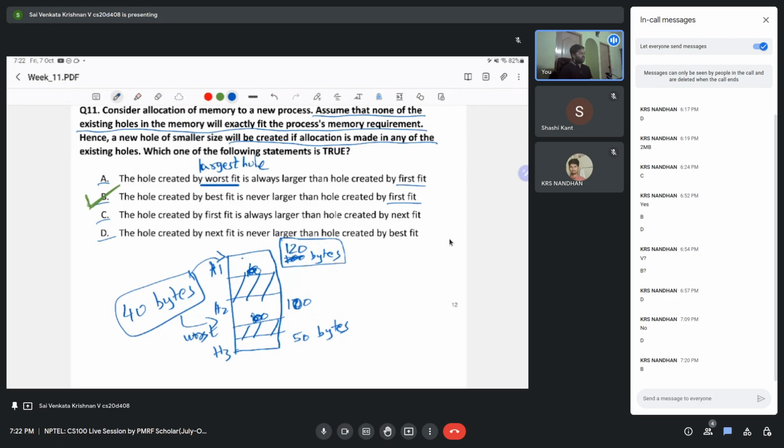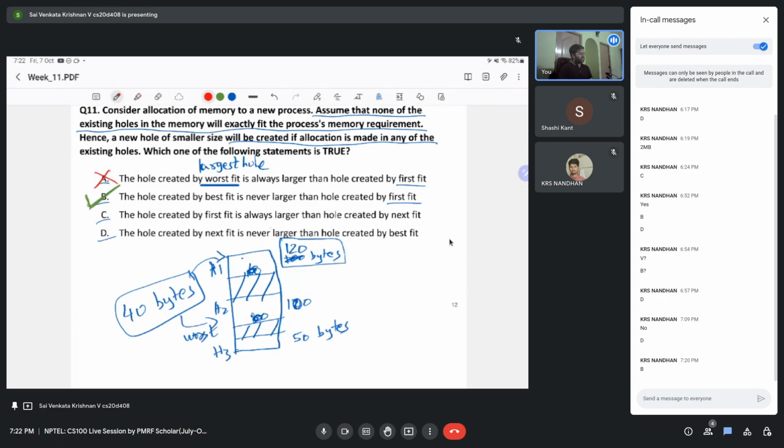So the statement that the hole created by worst fit will always be larger than the one created by first fit is wrong, because we have a contradicting example where the first hole can be the worst hole also, which can be allocated. So in that case, it won't be larger, it will be equal. So option A is wrong.